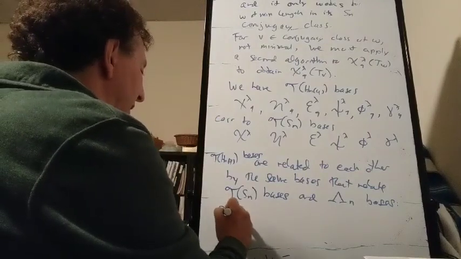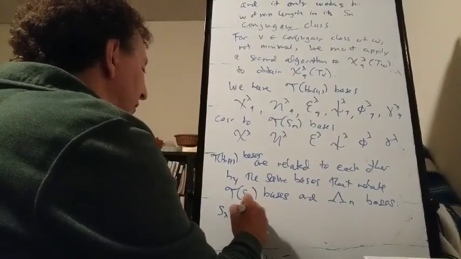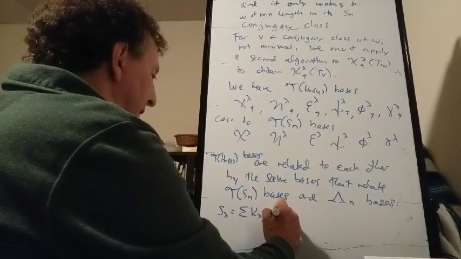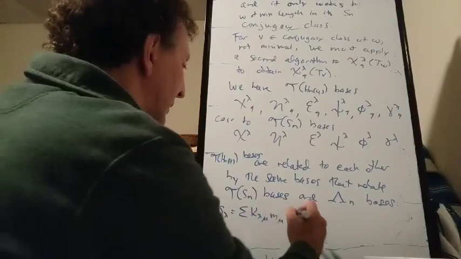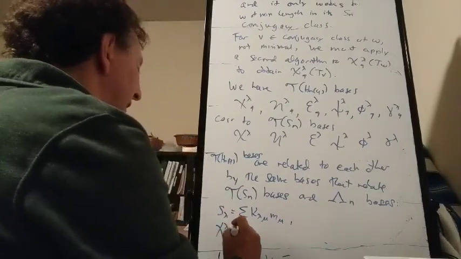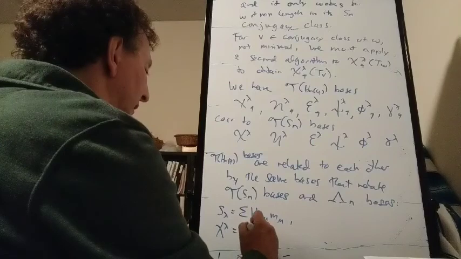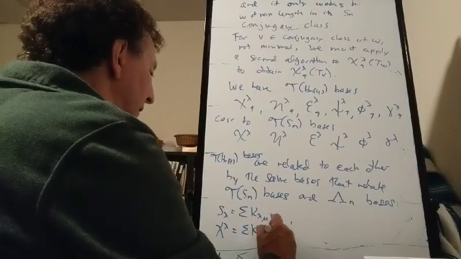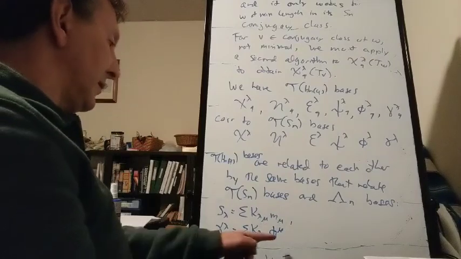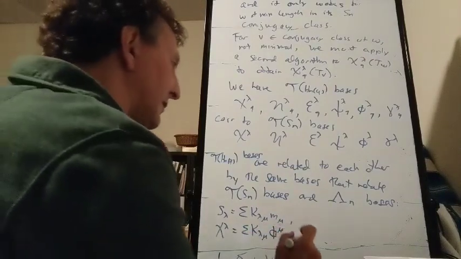So if we have S lambda equals the sum of Kostka numbers K lambda mu M mu, then we know that this implies that we have chi lambda as a character being a sum of K lambda mu phi mu. That's the monomial trace.